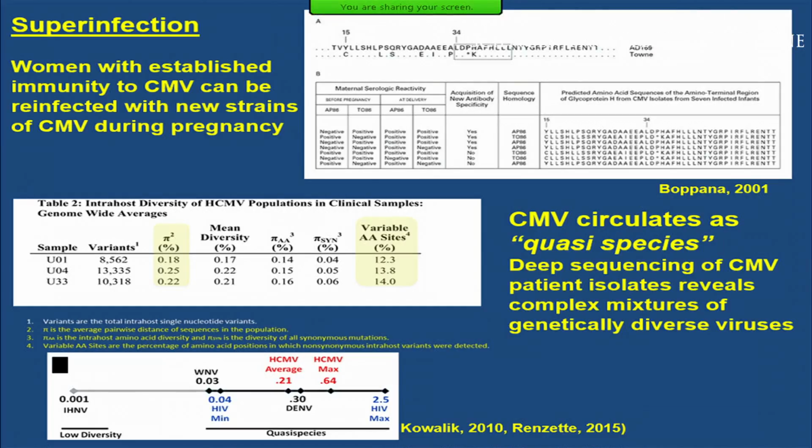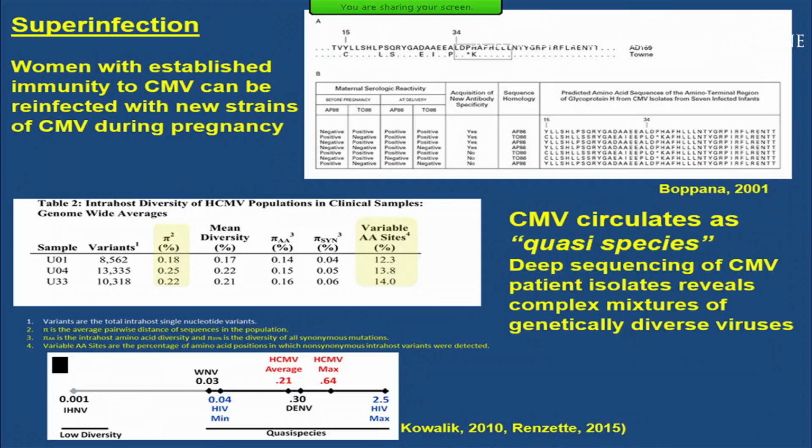Well, without going through the details on this slide, which are difficult to read, I can see we do see superinfection. That is, women with established immunity to CMV can be reinfected with new strains of CMV during pregnancy. This was first detected using an assay to define serotypes of CMV.